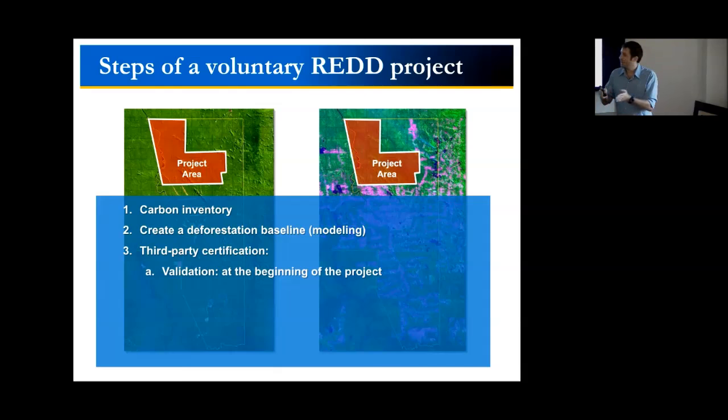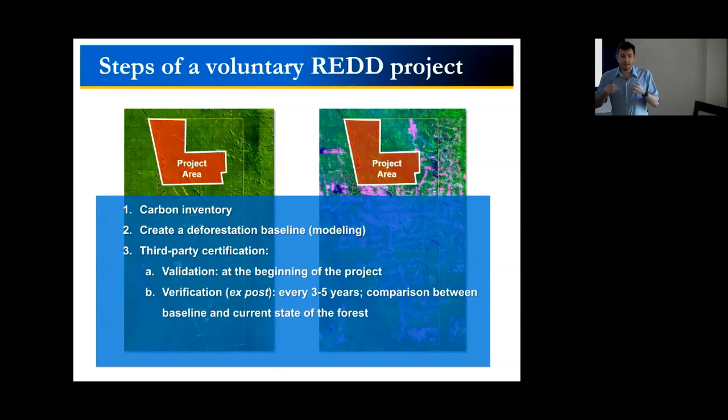And then you need to get a third-party certification. So you hire some auditors, they go to the field at the beginning of the project and do the validation. The certification process has two parts. The first, the validation at the beginning of the project, where auditors will go and see, okay, the carbon inventory is right, the deforestation baseline looks right, everything's right.